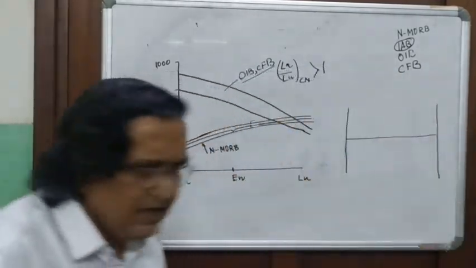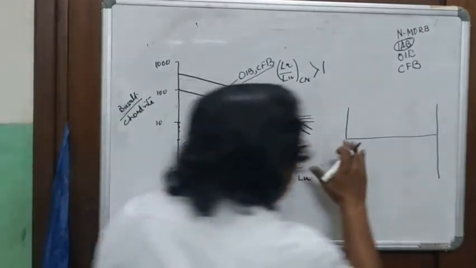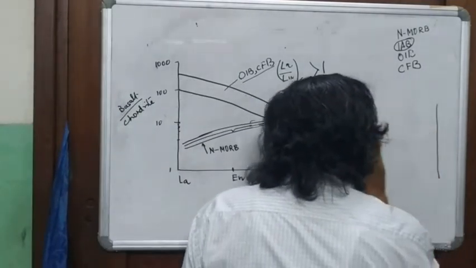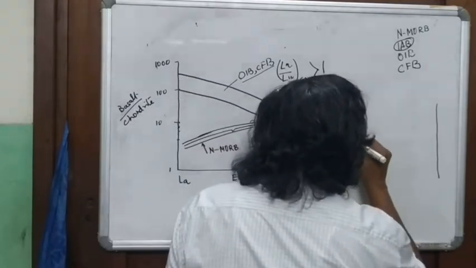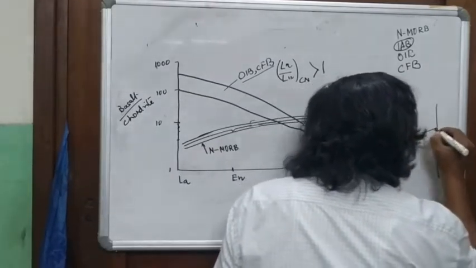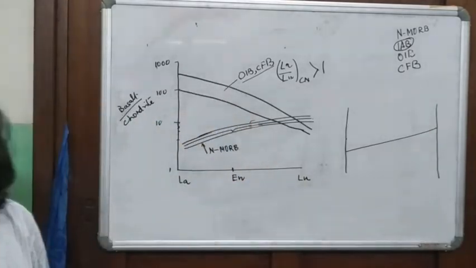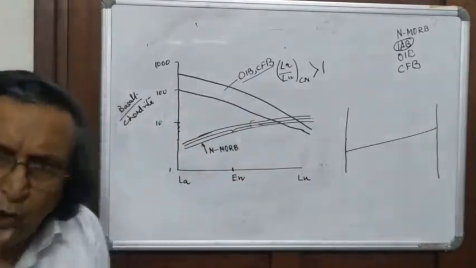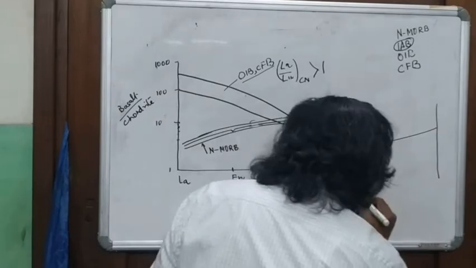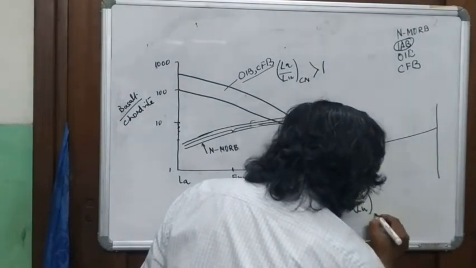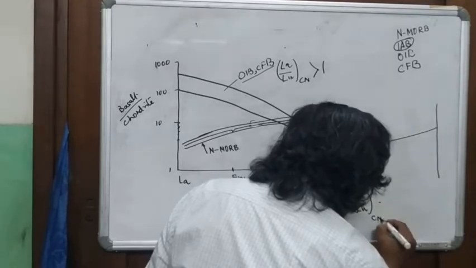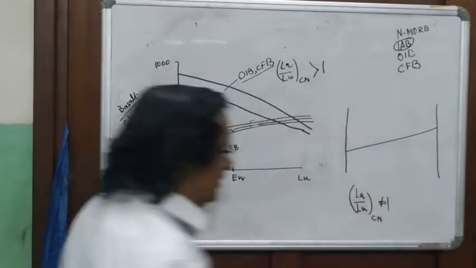But imagine if the mantle was fractionated before. That means I am saying to start with, the rock's La by Lu chondrite normalized is not equal to 1.